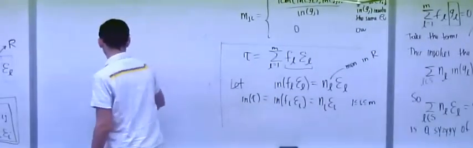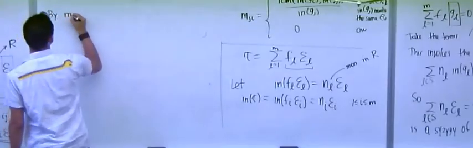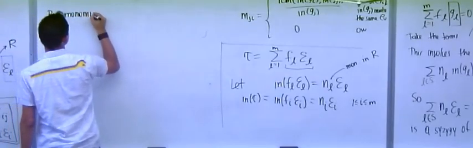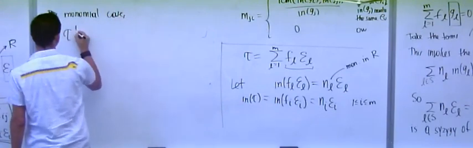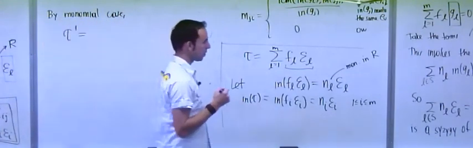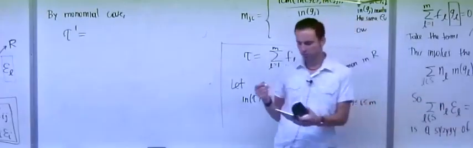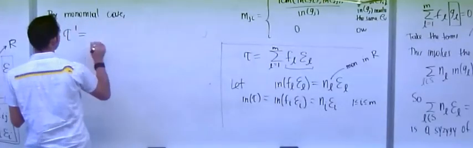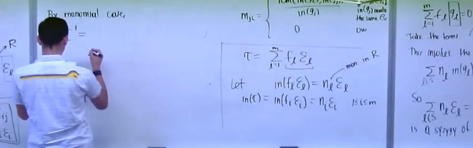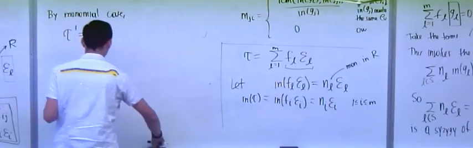So by the monomial case, this syzygy tau prime has to be a combination of the basic syzygies of these monomials. So it is a combination, like this.